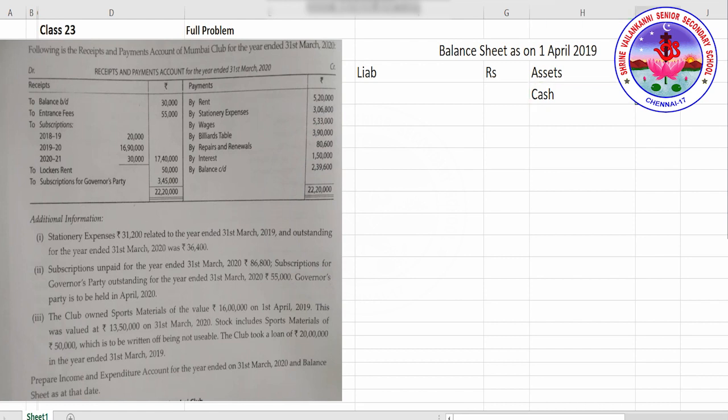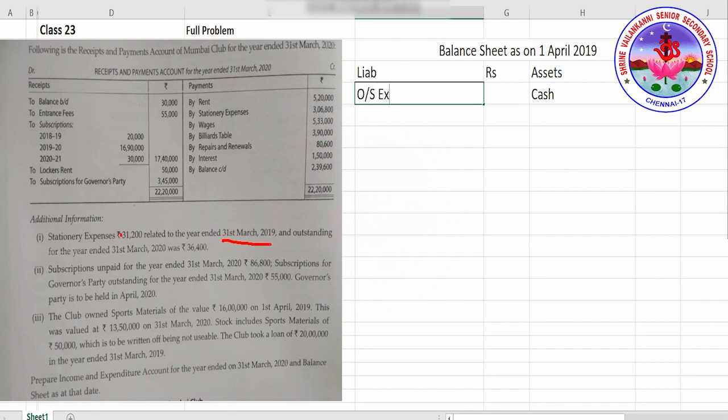Then outstanding expenses stationery, relevant for the previous year, which is the balance here. I guess you can see this, 31,200, which is a liability. Outstanding expenses 31,200 related to 31st March 2019, so this is relevant for 1st April 2019. I'm going to write it here.